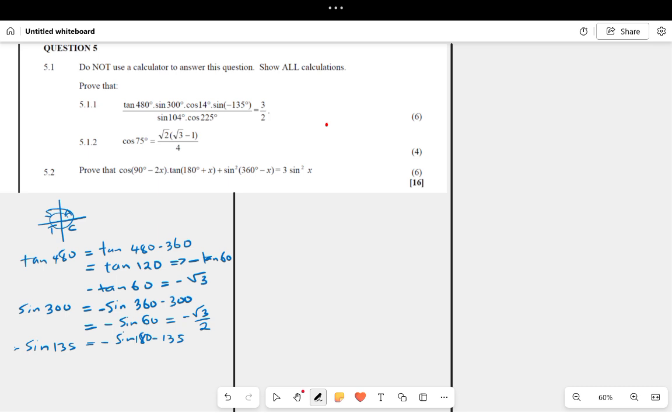In this case, it's going to be negative sine 45, since 180 minus 135 gives 45 degrees. Sine 45 degrees is equal to the square root of 2 over 2, and because we have a negative before sine, it's going to be negative the square root of 2 over 2.